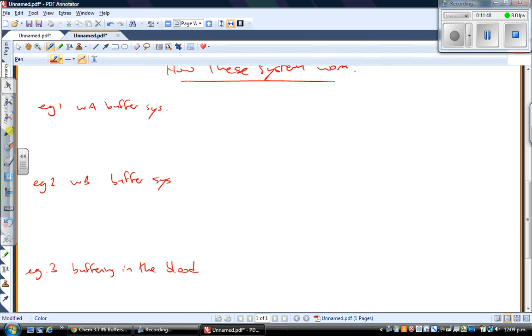So a weak acid buffer system, if we take our ethanoic acid example again, so the weak acid, the conjugate base is going to be ethanoate. So this will deal with the addition of strong base, and the conjugate base will deal with hydronium ions from a strong acid.